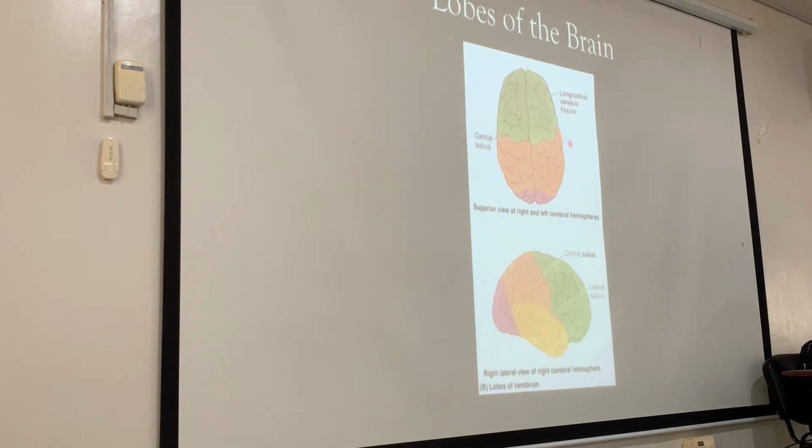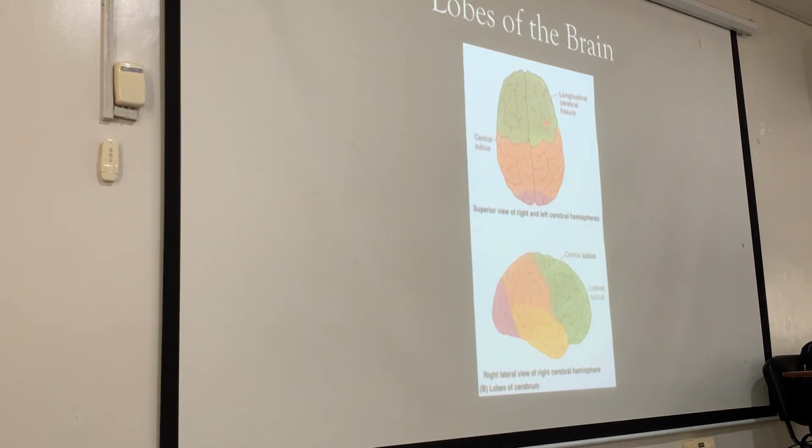So here, this is a top view. You are looking at the patient from the top. The patient's nose is pointing superiorly. In this view, the nose is pointing that way. This is the left cerebral hemisphere. This is the right cerebral hemisphere.